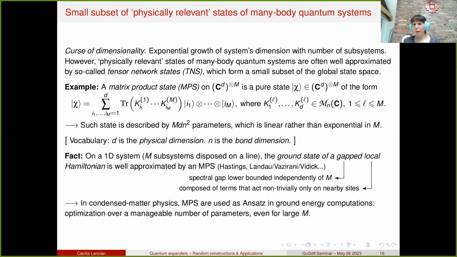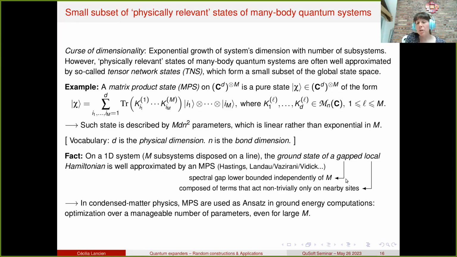So why are these MPS interesting? Because it's known that if you look at 1D systems, meaning your m subsystems are disposed on a line, and you look at gapped local Hamiltonians on this 1D system, then the ground states are well approximated by MPS. By local, I mean that the Hamiltonian is composed of terms that act non-trivially only on nearby sites, so there are no direct interactions between sites that are far away from each other in this chain.